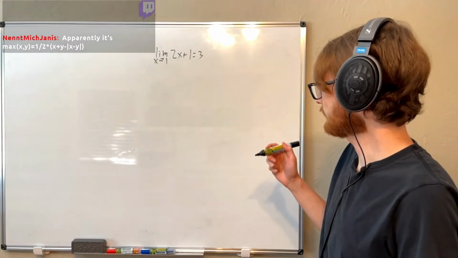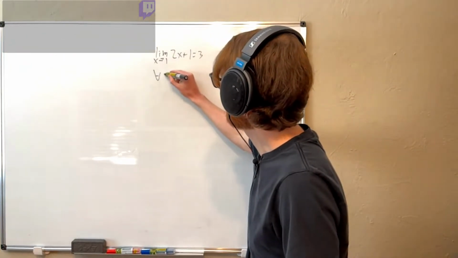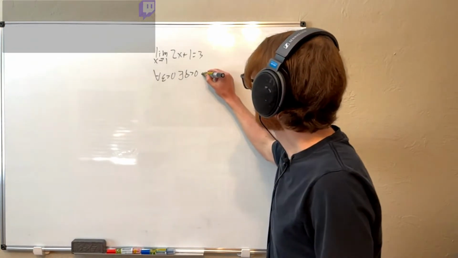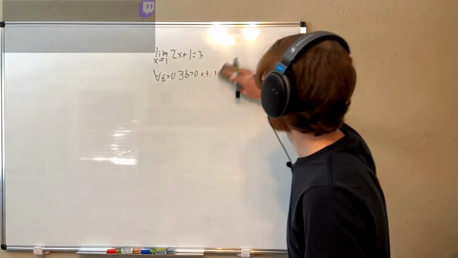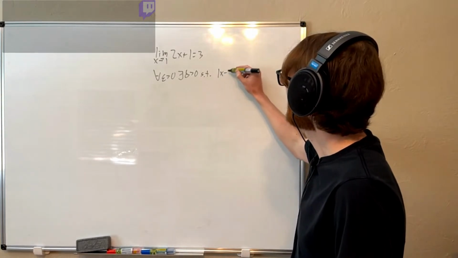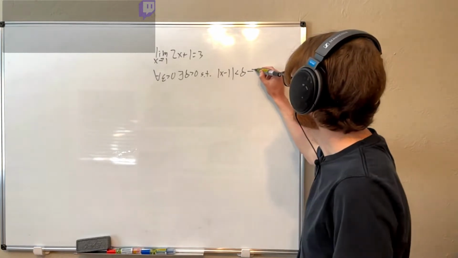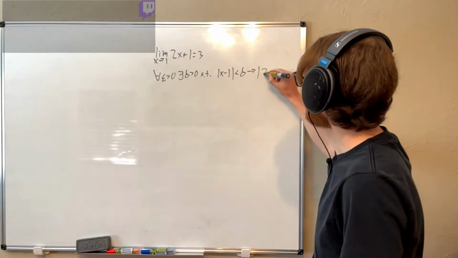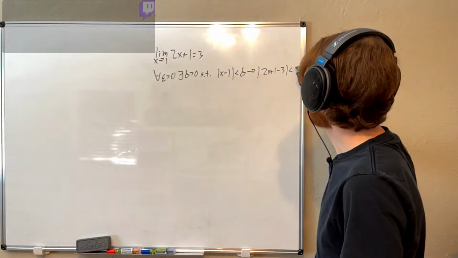So our epsilon delta definition of a limit is for all epsilon greater than 0, there exists a delta greater than 0 such that if |x minus 1| is less than delta, then |f(x), which is 2x plus 1, minus 3|, our proposed limit, is less than epsilon.